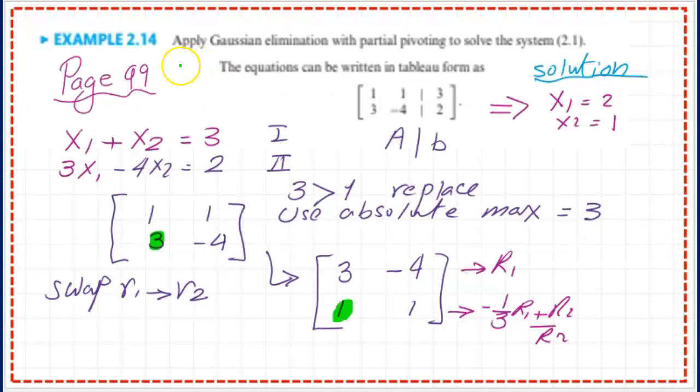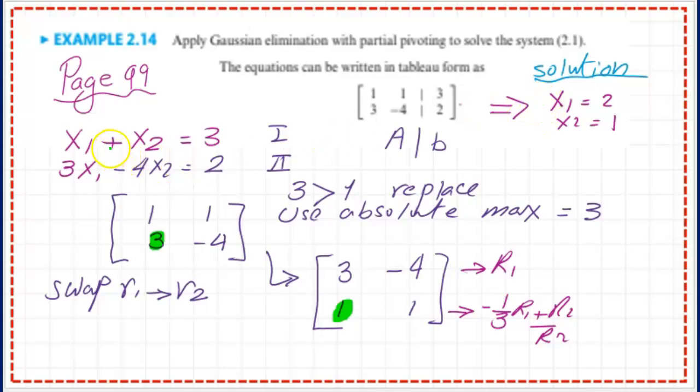This is example 2.14, page 99 from Professor Timothy Sauer's book. Apply Gaussian elimination with partial pivoting to solve the system 2.1. He gave us the matrix A in augmented form, A augmented B: 1, 1, 3, 3, minus 4, and 2.